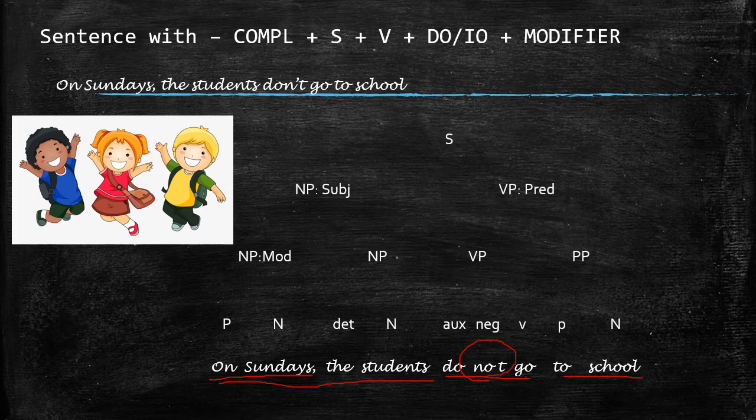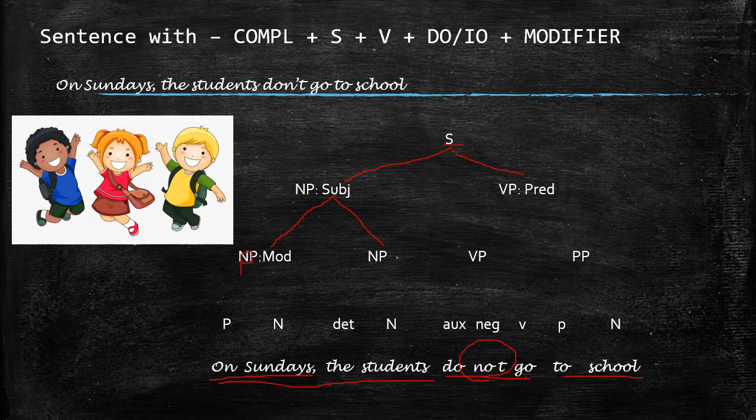Okay, let's see here the tree structure. First you write S and then divide it into two, NP as a subject and VP as a predicate. In NP as a subject we have NP as modifier and NP. NP as a modifier "on Sundays". Oh sorry, this is not NP, this is PP, because of "on".